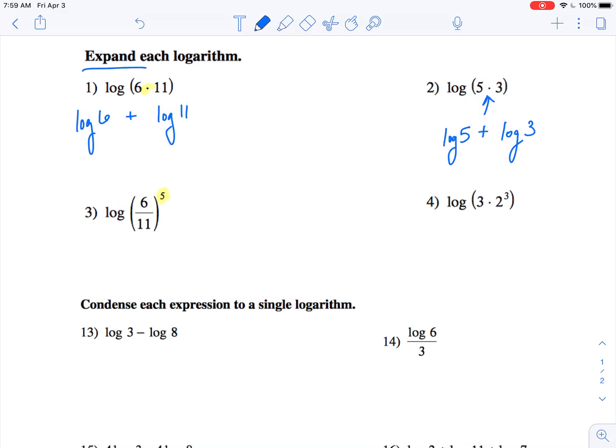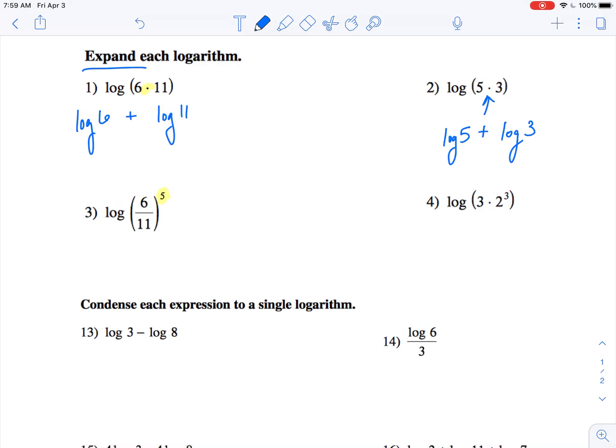3 and 4 are a little bit different because we have exponents. So if your exponent is outside the parentheses, I'm not going to simplify parentheses when we're doing logarithmic properties.